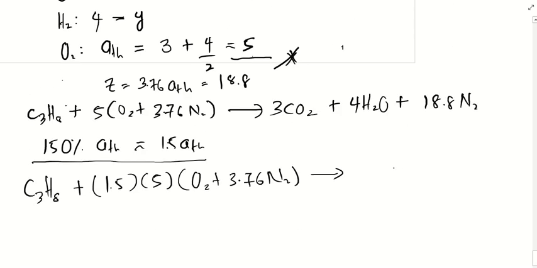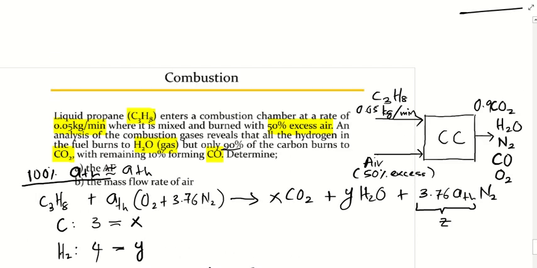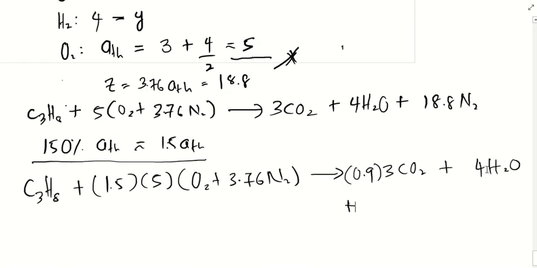From this one, carbon dioxide is 3 CO2 multiplied with 0.9, and then H2O, it's not going to change as well. For H2O plus, they put it as a carbon monoxide.